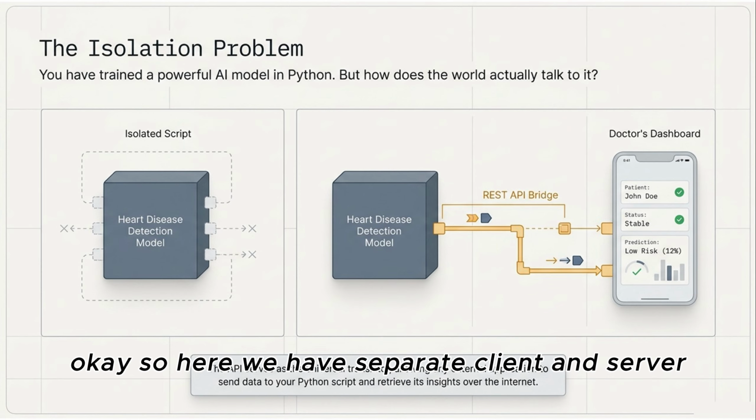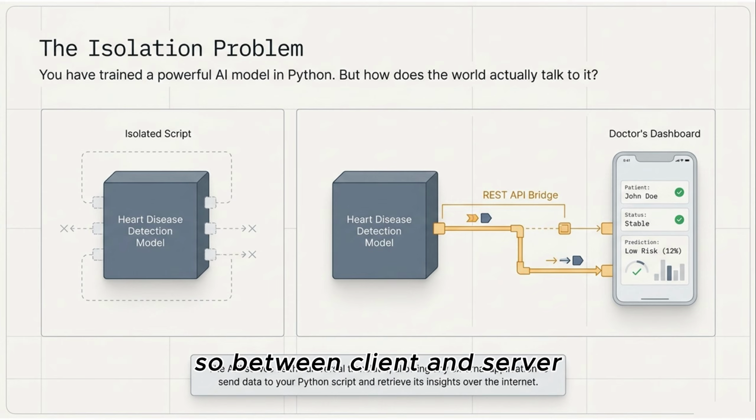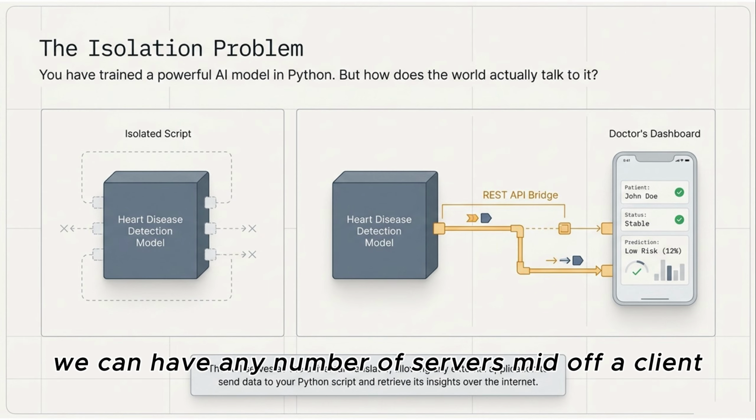So here we have separate client and server, and between client and server there can be anything: we can have a load balancer, cache servers, proxy servers. Like that, we can have n number of servers in the middle of client and server.